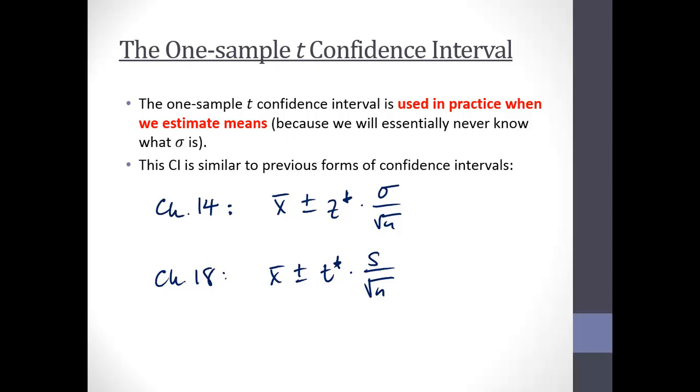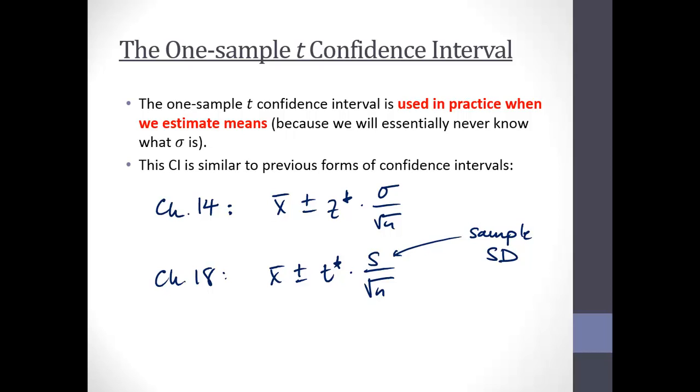In chapter 14, we introduced the confidence interval that had a z star and a sigma in it. But because we'll essentially never know what sigma is, we need to do something about that. So we have this new formula, x bar plus or minus t star times s over the square root of n, where s is, of course, the sample standard deviation.